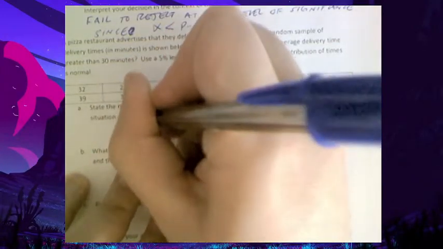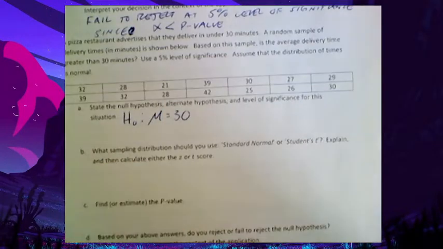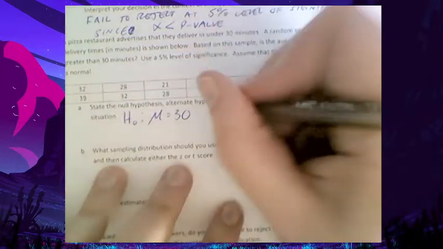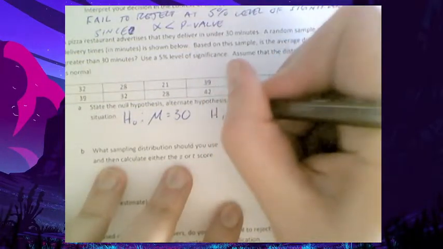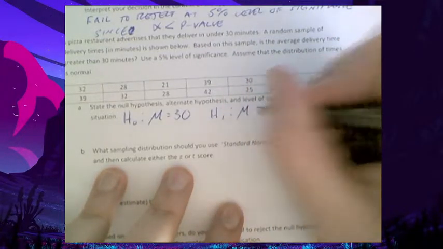So our null is that the mu is 30 because they say, hey, we want to deliver in under 30 minutes. So we're just going to say, hey, let's say they do deliver in 30 minutes, right? Then our alternate is that the mu is greater than 30 minutes.